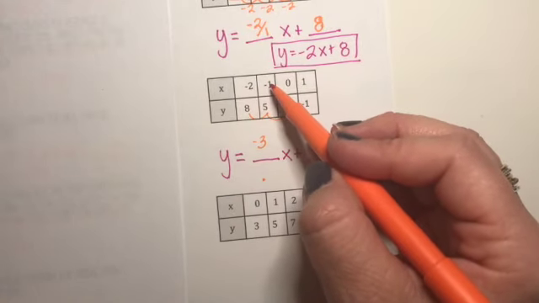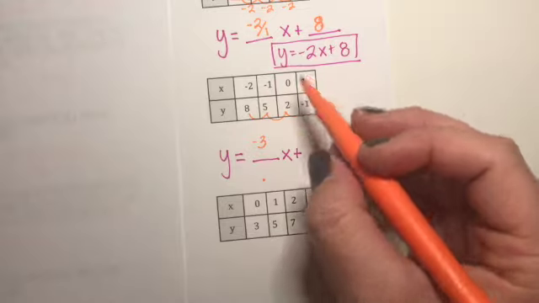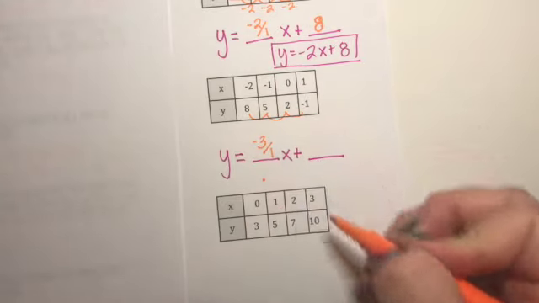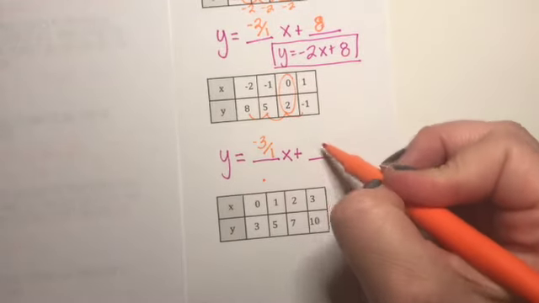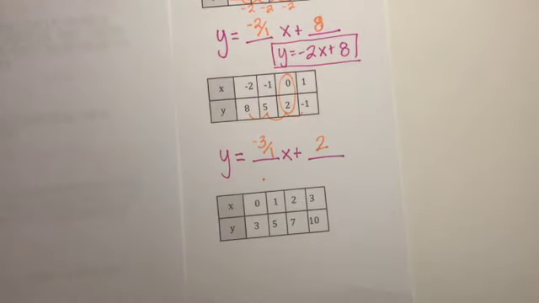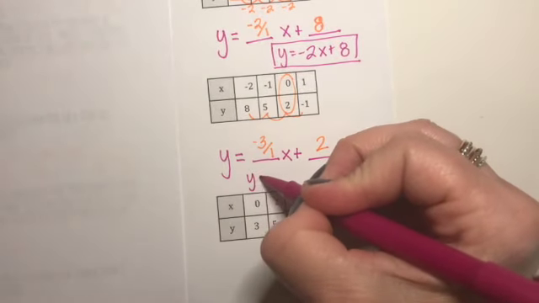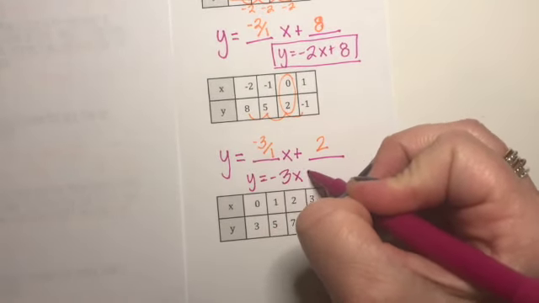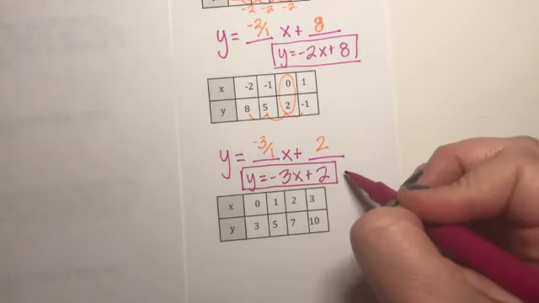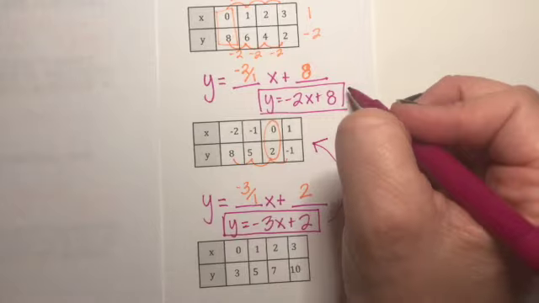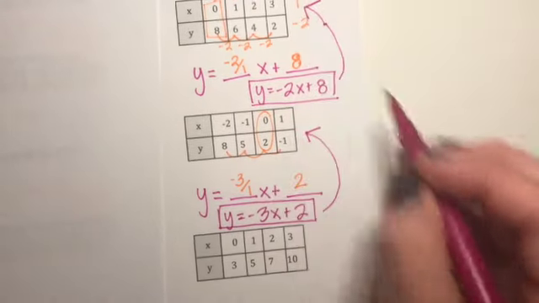Negative 2 to negative 1 to 0 to 1. That's 1. Okay, and then when x is 0, what is y? 2. Okay, and again, we always want to write it in simplest form, so I'm just going to write it as y equals negative 3x plus 2. Okay, and that goes with this one, and this goes with this one.